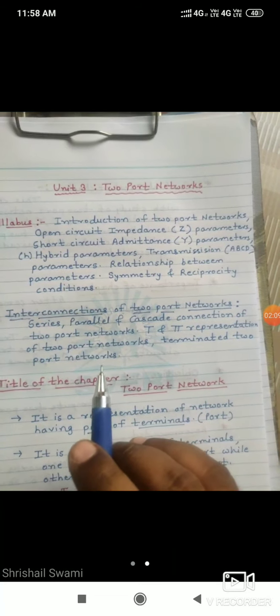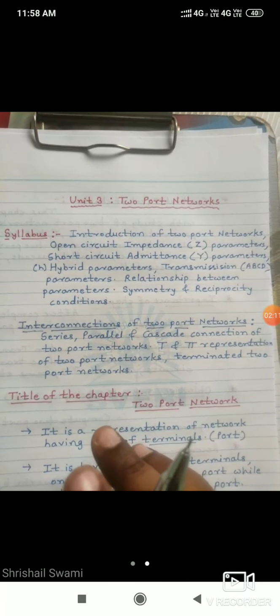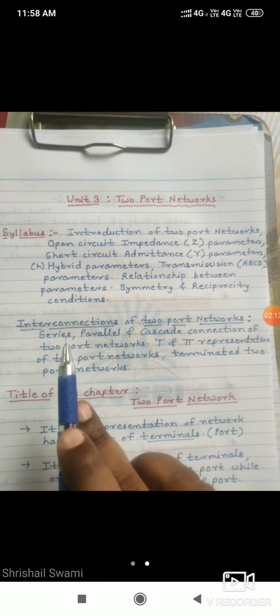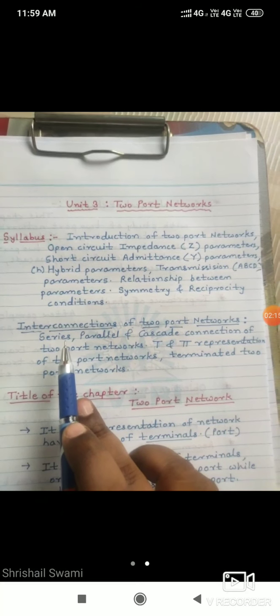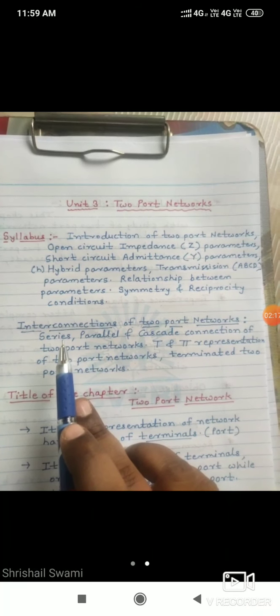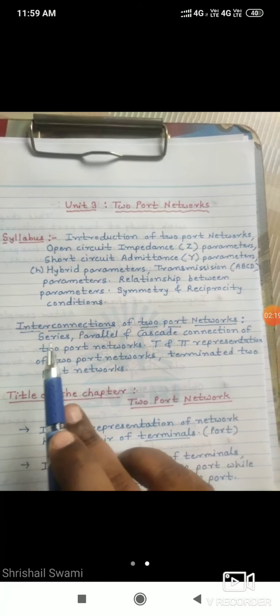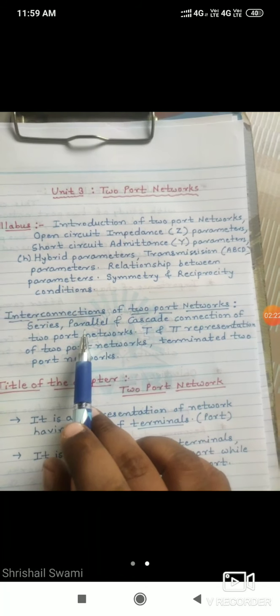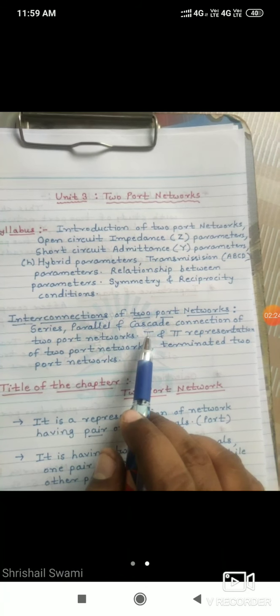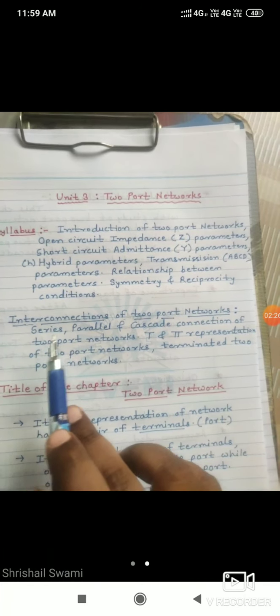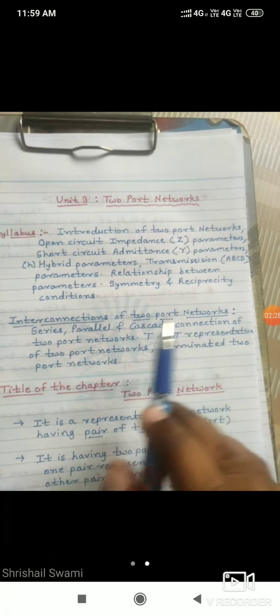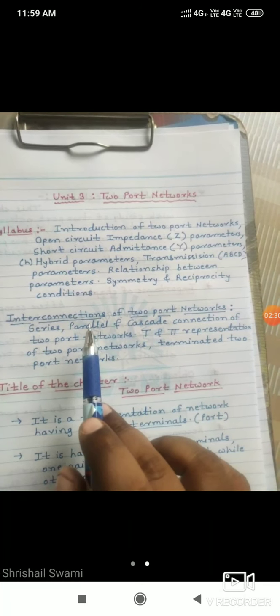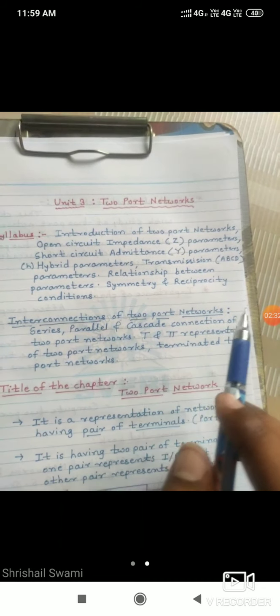In the interconnection, if two-port networks are connected in series, how do we find the overall two-port, or how do we represent the series connection, then the parallel connection, and after that the cascade connection. There are 3 different types of connections: first series, then parallel, then cascade connection of two-port networks.